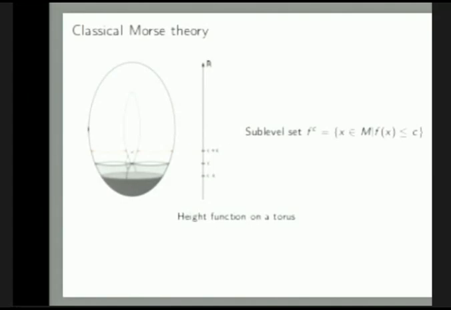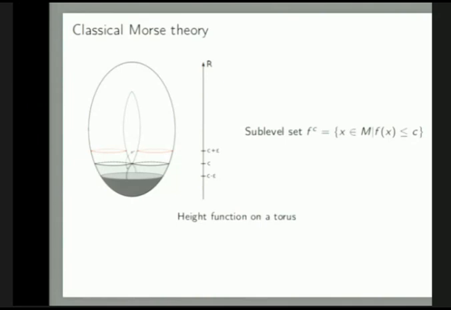Let me begin with classical Morse theory, just to recap. In classical Morse theory, you have a geometric object like a manifold, and you have a function defined on it. It's called a Morse function. You look at the sublevel sets of the function on the manifold, and you track changes in topology as you go across sublevel sets.